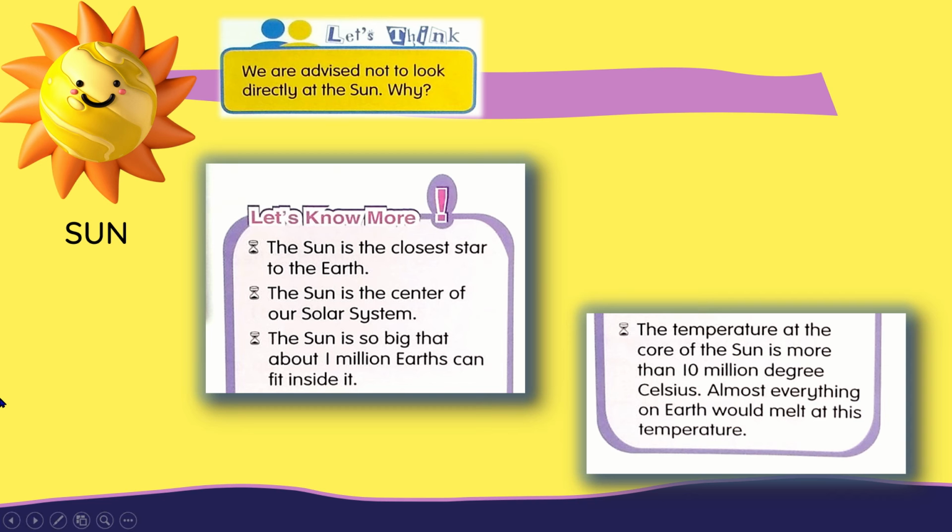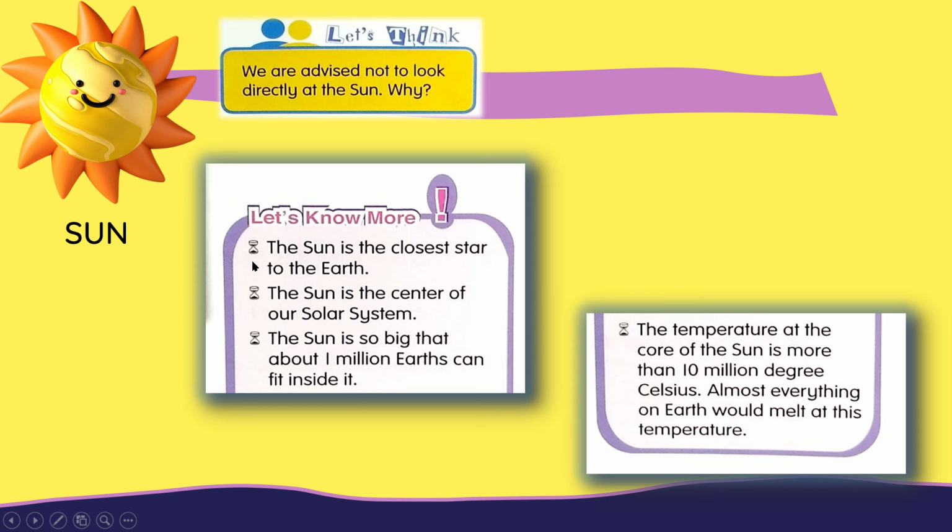Okay? So let's know more. The sun is the closest star to the earth. So the sun is the closest star to the earth. That's why it appears to be bigger than the other stars.